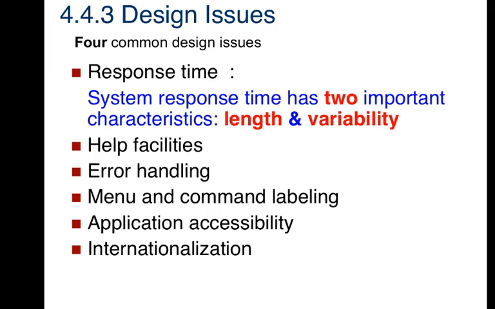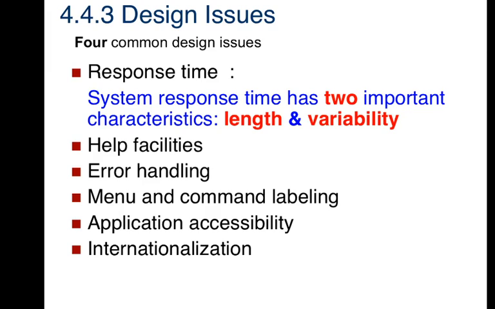And error handling. Error handling is nothing but resolving the problems which are going to be encountered during user interface. Menu and command labeling: provide good meaningful menu names and command labels. Certain labels we should provide for easy understanding of what the content has to be given.